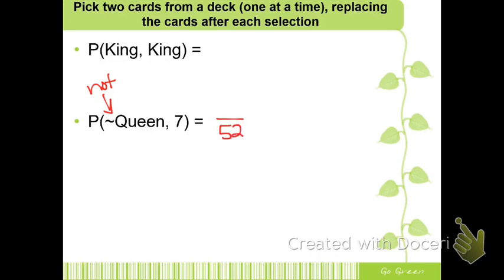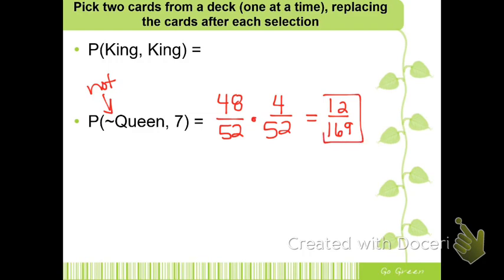So if I just want the ones that are not queens, I would do 52 minus 4, and there'd be 48 cards in the deck that are not queens, and there are 4 7s out of the 52 cards in the deck. When I multiply and simplify, this works out to 12 out of 169.